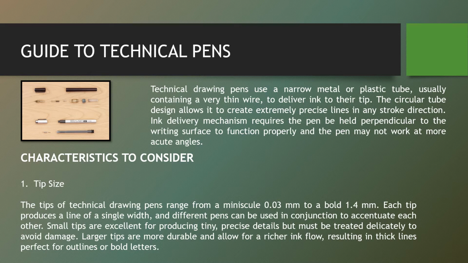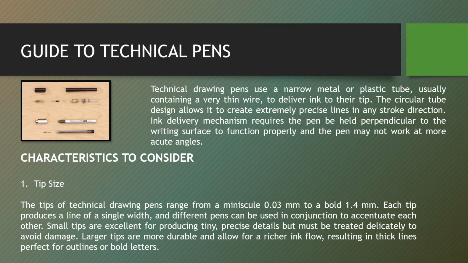Tetapi siapa yang ada pen technical, kamu boleh guna. Dan kalau menggunakan pen, kamu kena menggunakan kertas tracing paper. Tracing paper size A3. Dia macam kertas minyak. Yang selalunya arkitek menggunakannya. Sekiranya kamu menggunakan pensel, pakailah kertas biasa tu, kertas putih.